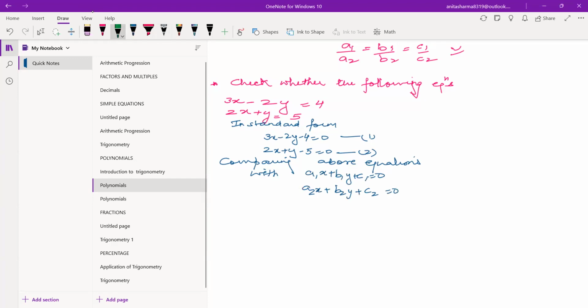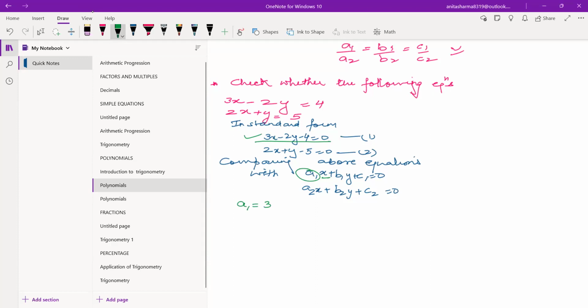Now your next step will be that you will write the values of a1, b1, c1 and then a2, b2, c2. Take the first equation. Here the coefficient of x is a1, and in the first equation the coefficient of x is 3. So the value of a1 will be 3.